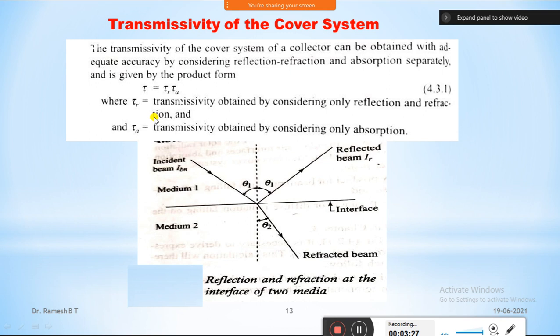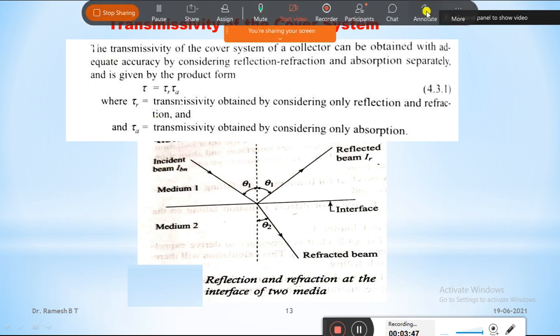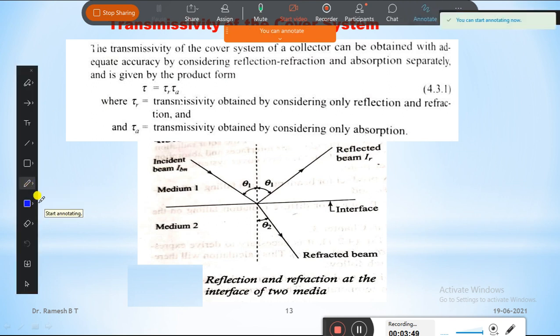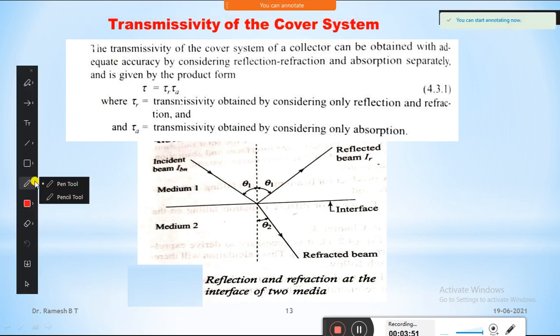First we are going to find tau r, the transmittivity obtained by considering only reflection and refraction. See the figure here.